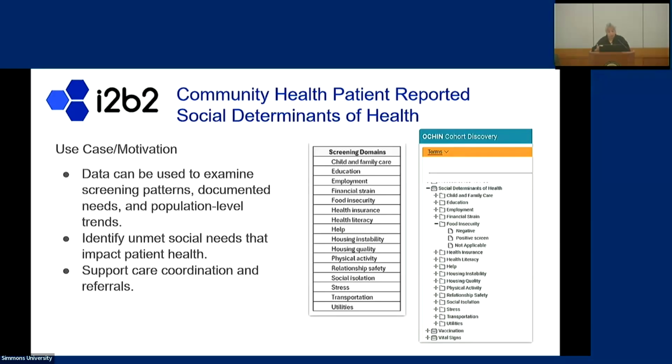They also, which was another part of the use case, use it to support care coordination and referrals within their system. And they look at things like child and family health care, financial strain, food insecurity, and all the regular social determinants of health.